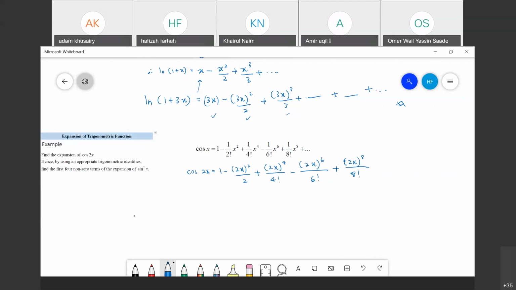And we expand this. We have 1 minus 2x squared, then this will become 2 thirds x to the power of 4.